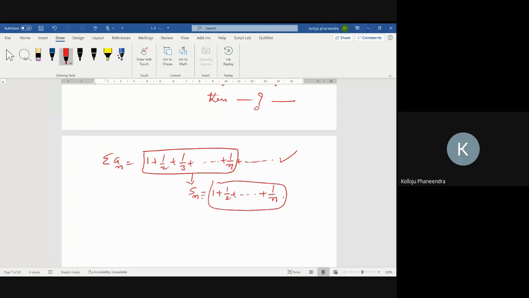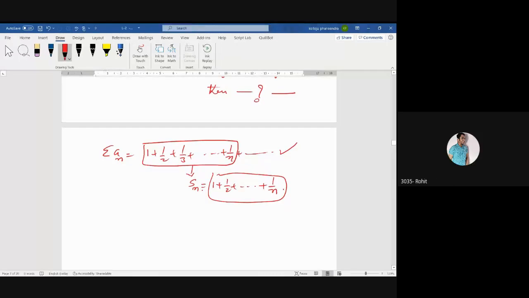Any more? Any more doubts? And firstly, give me your attendance. Is this clear? Class is clear now? All of you? Any more doubts or any clarifications you need?